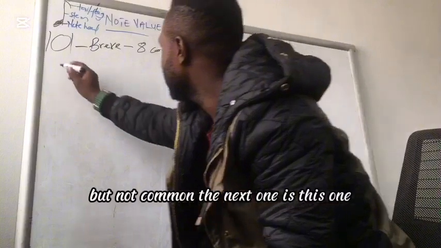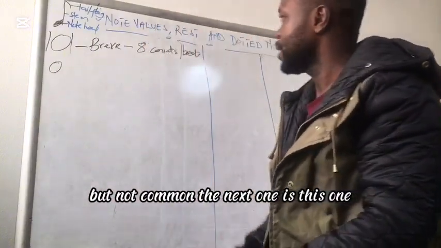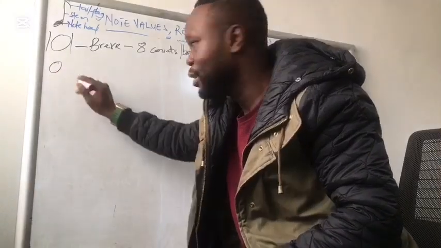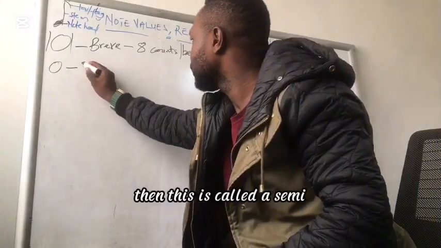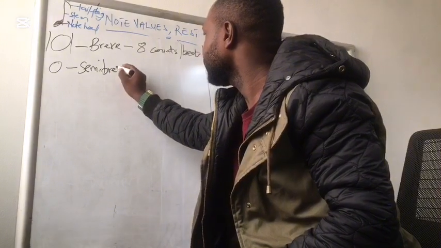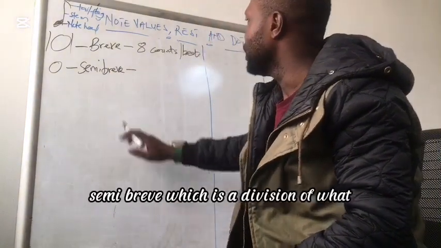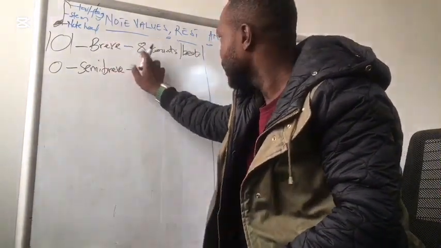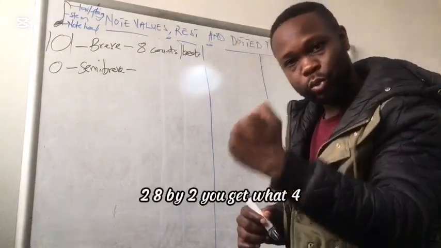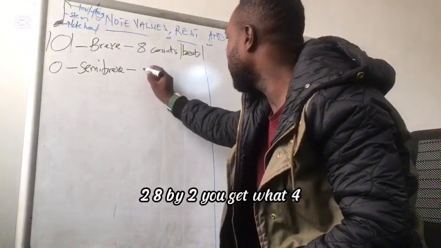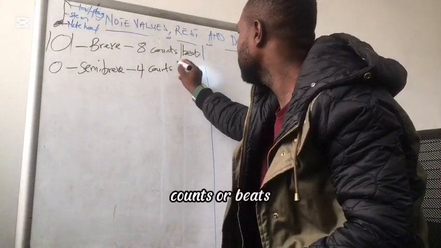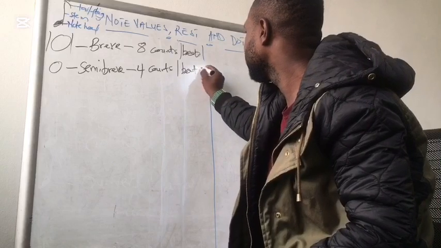So the next one is this one. It's also a note head, but it has no bars. This is called a semibreve, which is a division of this. The next note values you're going to have are all divisions by 2. 8 divided by 2, you get 4 counts or beats.